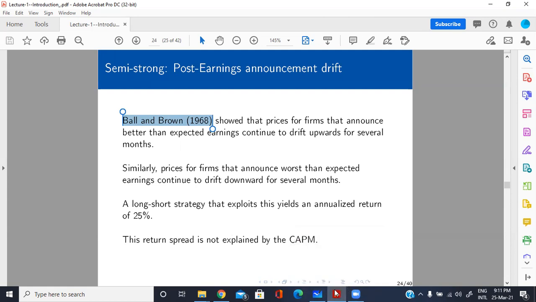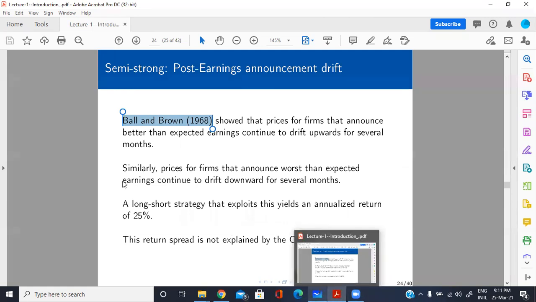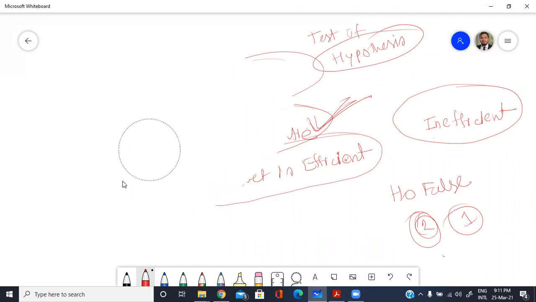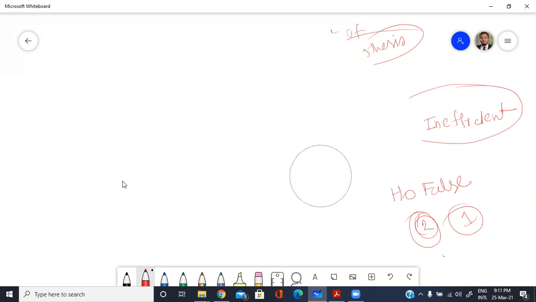So if you can prove that the market is not efficient because there has been price adjustment even after the event date, in that case your task is another 50% done. So how many tests do you need to check? One thing is that your asset pricing model is not inappropriate.